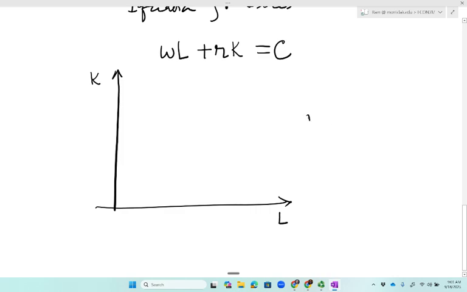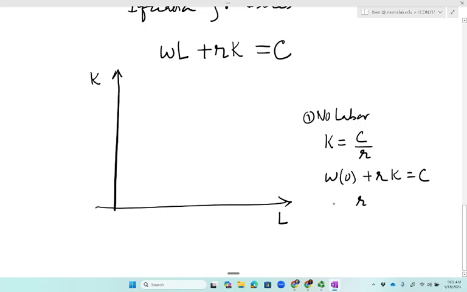Suppose first, no labor, then the amount of capital this firm can hire is C divided by R. You can see if L is 0, W times 0 plus R times K equal to C.